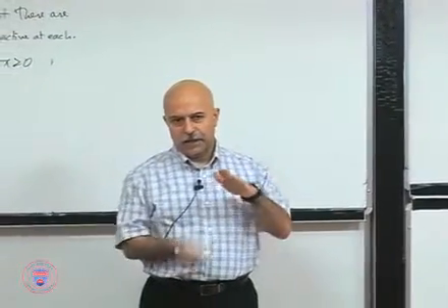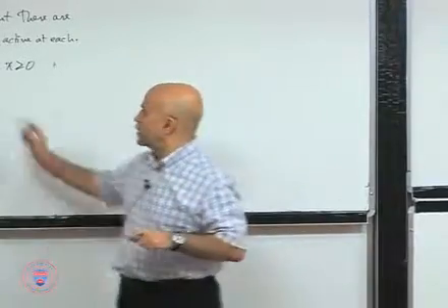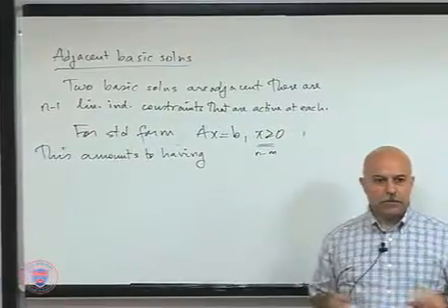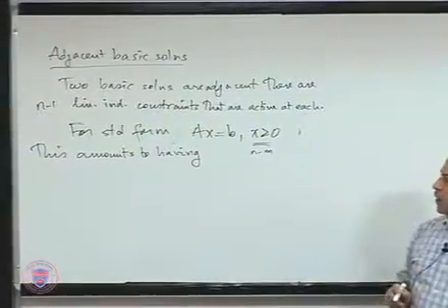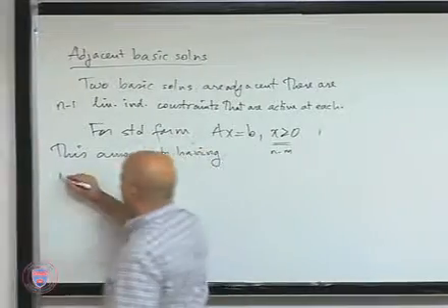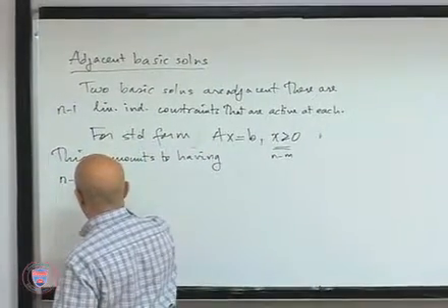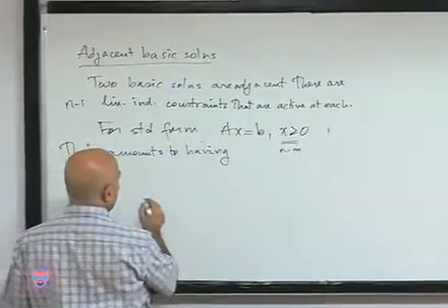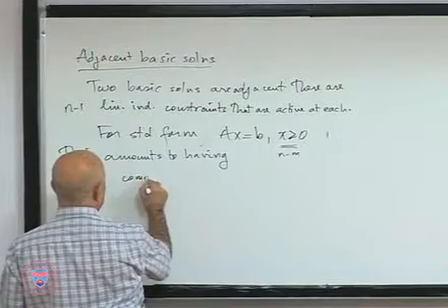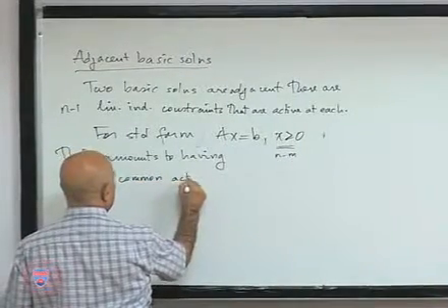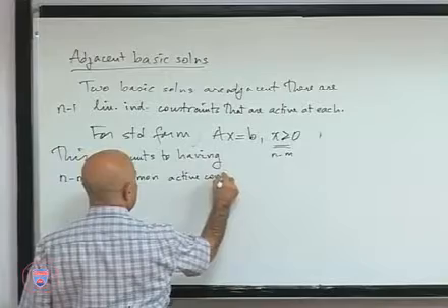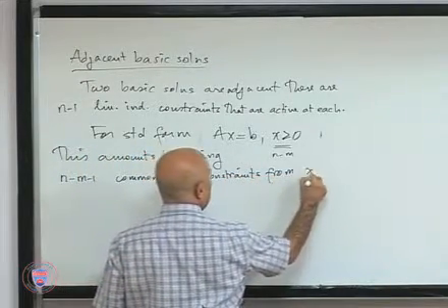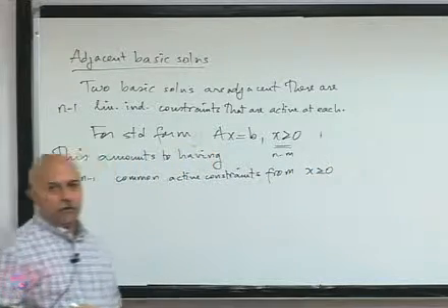Which means that since the active constraints are defined by Ax = b, and you pick n-m active constraints from the non-negativity part, this amounts to having n-m-1 common active constraints from the x greater than or equal to 0 part.